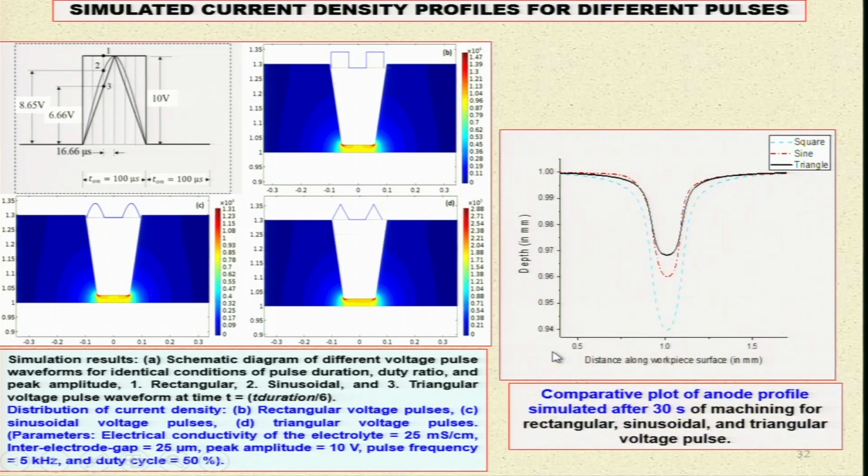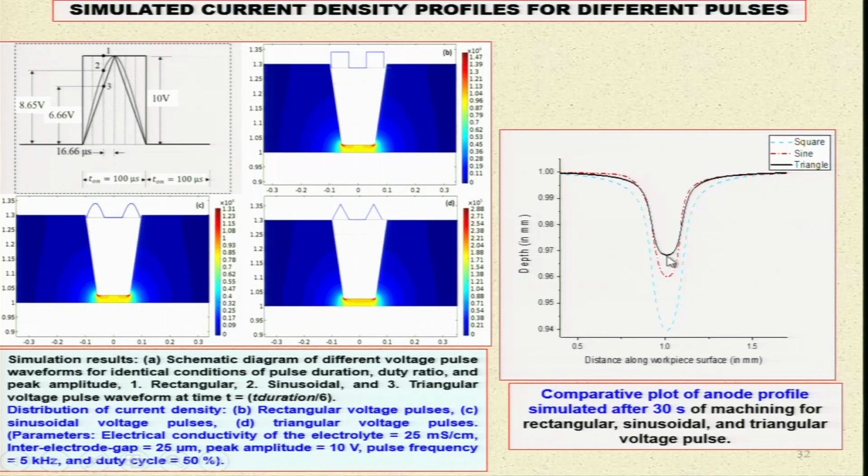Now, we will see here, this is the profile that we have obtained. This is the square one, that means the depth obtained in case of square pulse is maximum. This is the sinusoidal one and this is the triangular one.